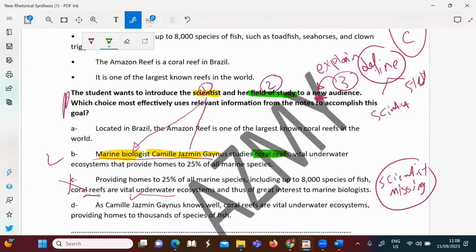Studied what? Coral reefs. Okay, how did they elaborate the field of study to a new audience who are not aware of coral reefs? By adding a non-essential phrase here. When it says what the coral reefs are, vital underwater ecosystems that and so on, this is a definition of coral reefs for an audience who are unfamiliar with that field of study.